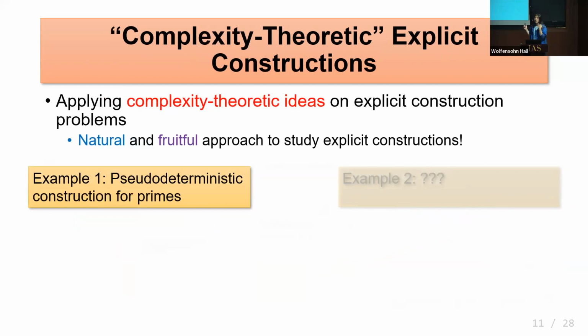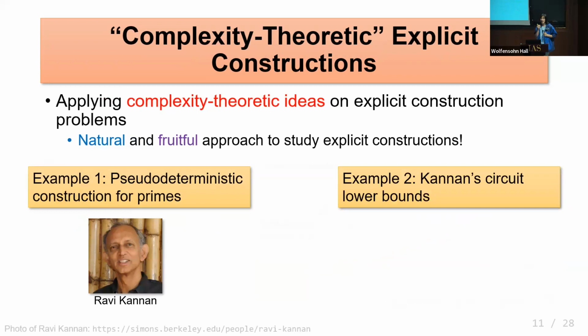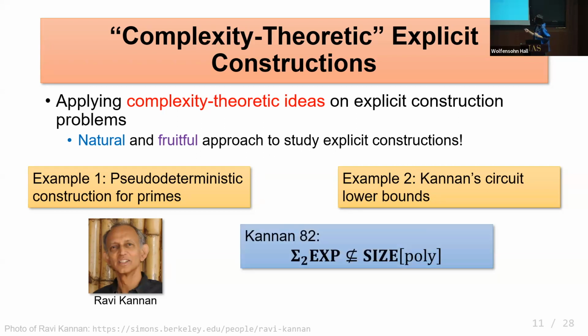I will revisit this example later, but now let's see another example of explicit construction problems. I don't know if you find it easy to treat circuit lower bounds as explicit construction problems. So this is a very old example where 40 years ago, Ravi Kannan proved that sigma 2 P requires a fixed polynomial size circuit lower bound.